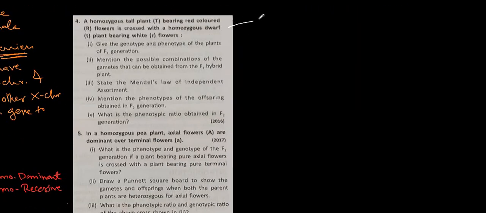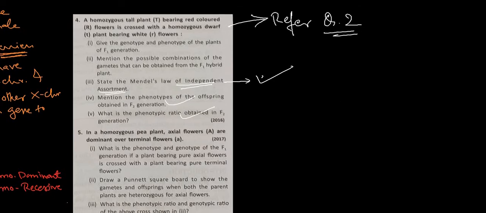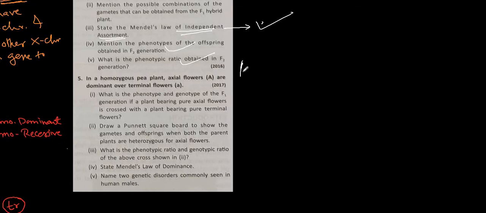Please refer to question number 2. This one we know, done. So the law of independent assortment is done. Phenotype, genotype, phenotypic ratio we have done, we know about it. Right, let us move on to question number 5.